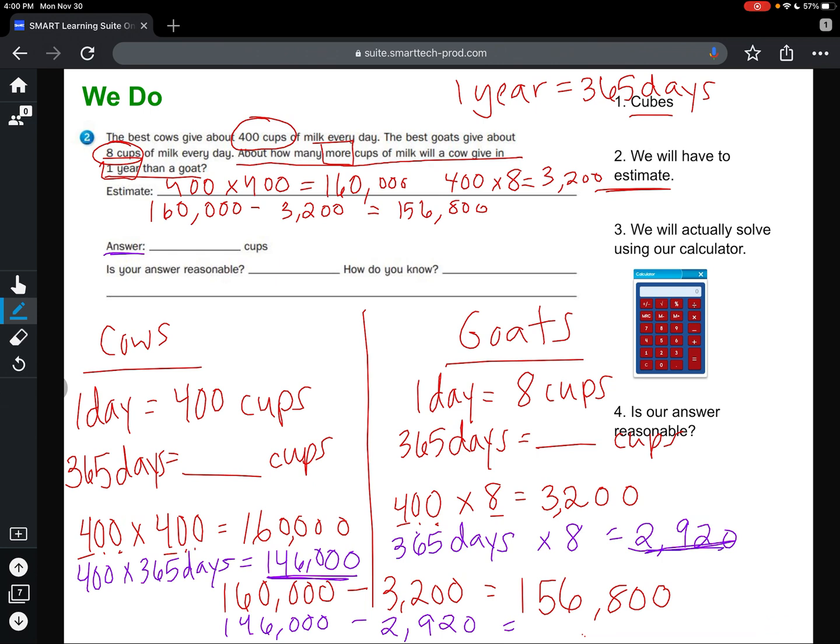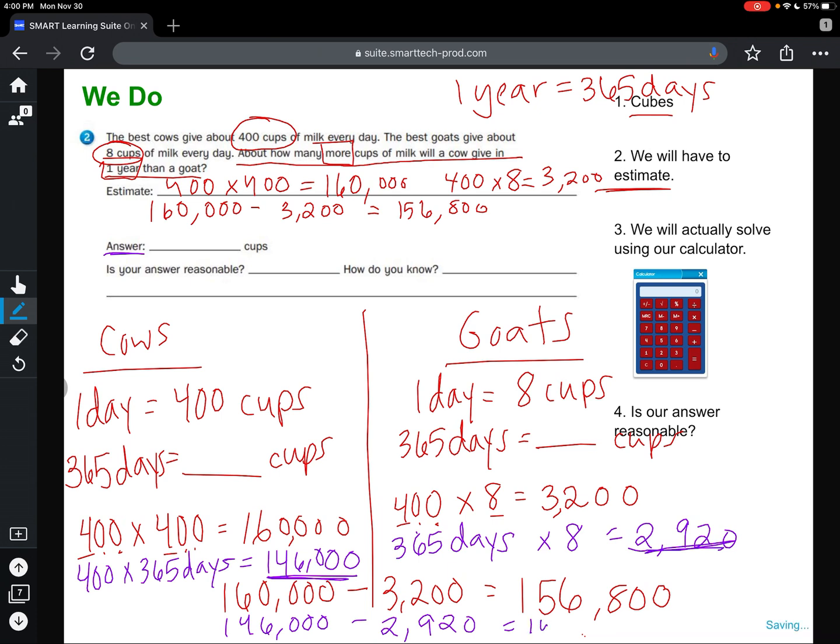So I'm going to do 146,000 minus 2,920. You should be doing this in your calculator as well.